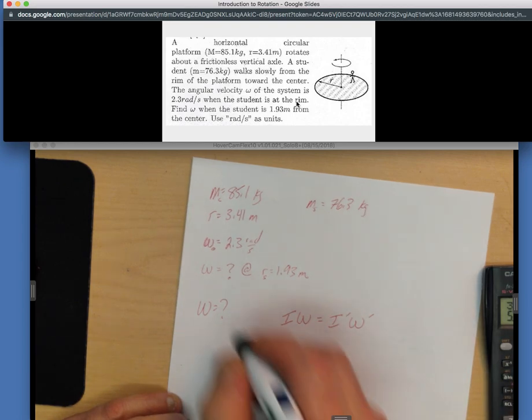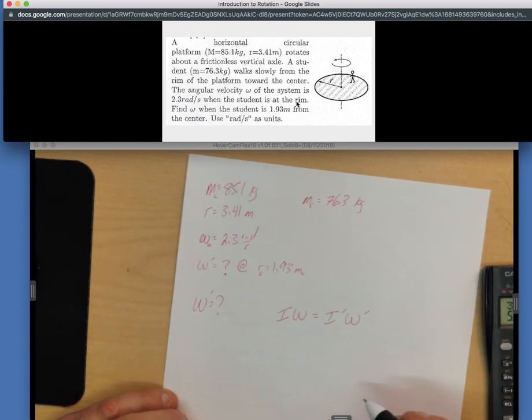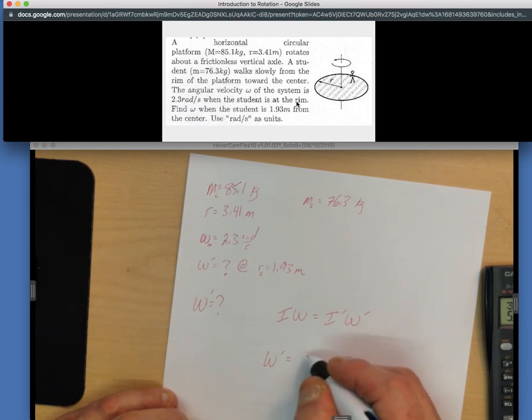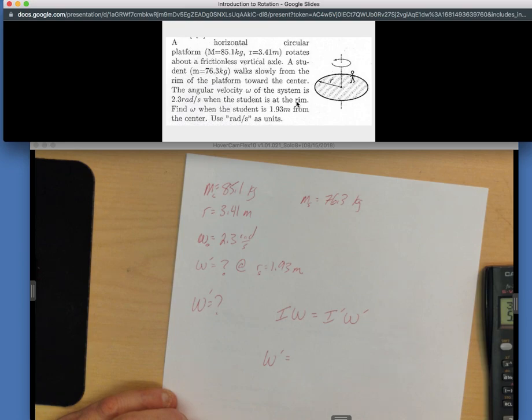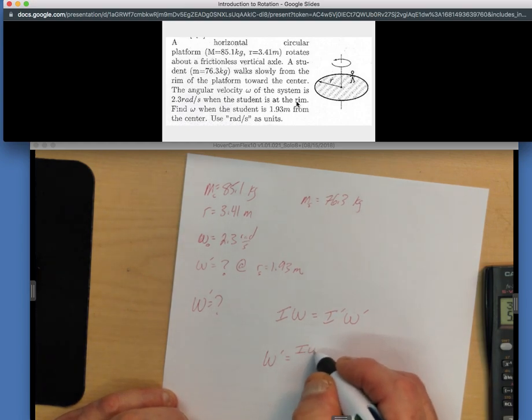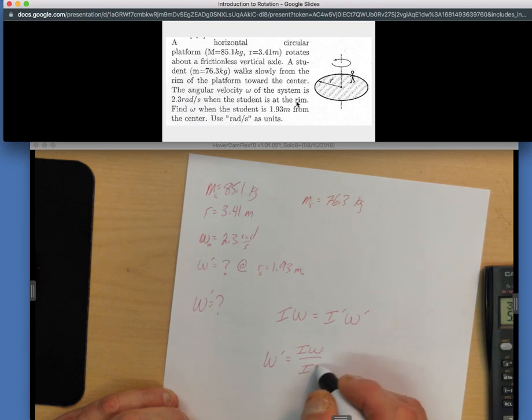And so we're after omega final, omega prime, that sounds like some sort of supervillain, right? Or maybe a superhero. Omega prime is I times omega over I prime.